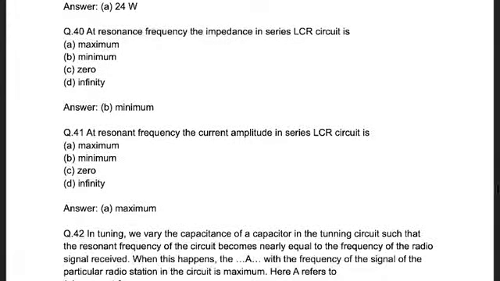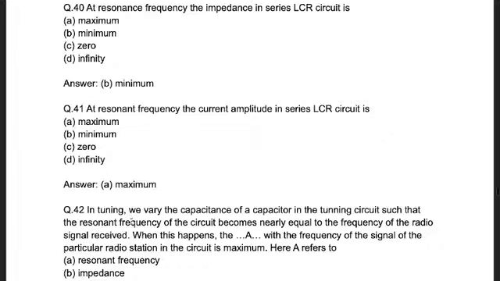Question number 42. In tuning, we vary the capacitance of the capacitor in the tuning circuit such that the resonant frequency of the circuit becomes nearly equal to the frequency of the radio signal received. When this happens, the dash dash A with the frequency of the signal of the particular radio station in the circuit is maximum.